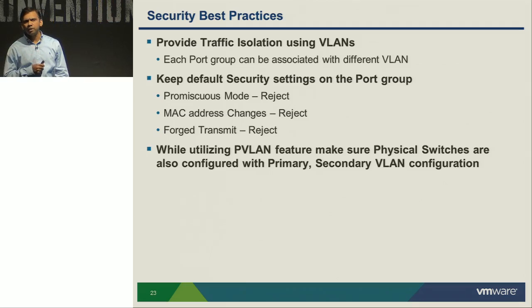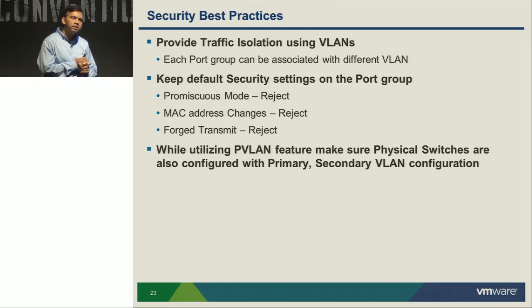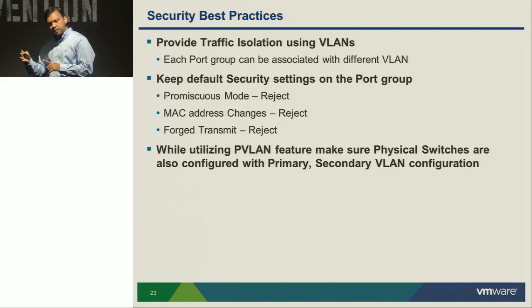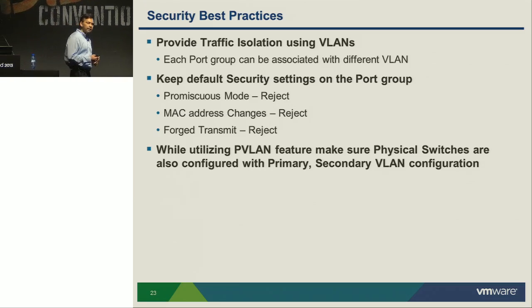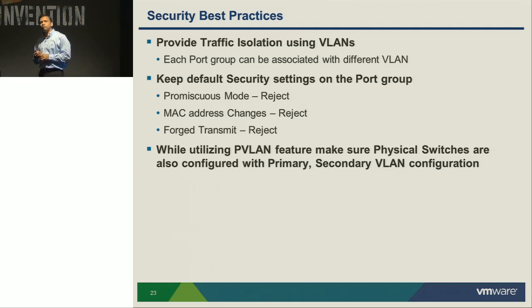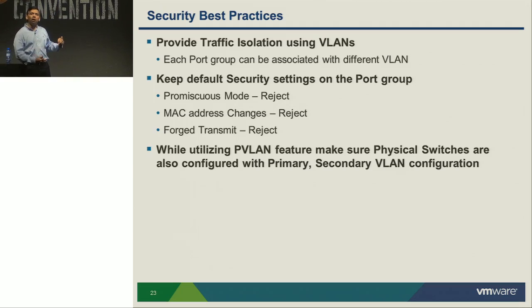How many of you are using private VLANs? Two, three, almost 20 of you. One of the important things to understand from the PVLAN configuration is you can create these isolated, promiscuous, and community private VLANs, and then you have to make sure that the physical switch is also configured for that private VLAN configuration, because unless you do that, the PVLAN setup is not going to work.